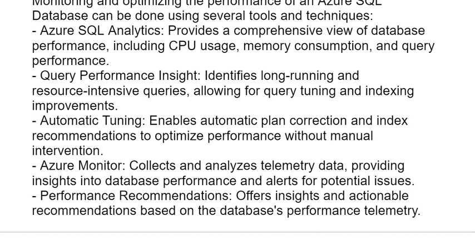Azure Monitor collects and analyzes telemetry data, providing insights into database performance and alerts for potential issues. Performance recommendations offer insights and actionable recommendations based on database performance telemetry.